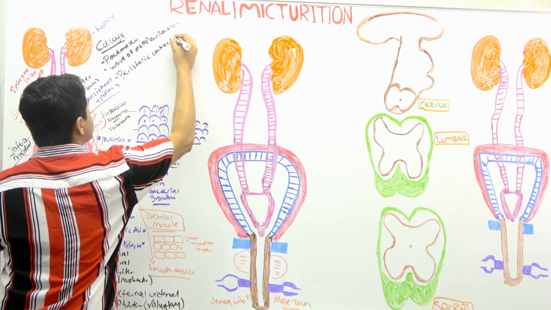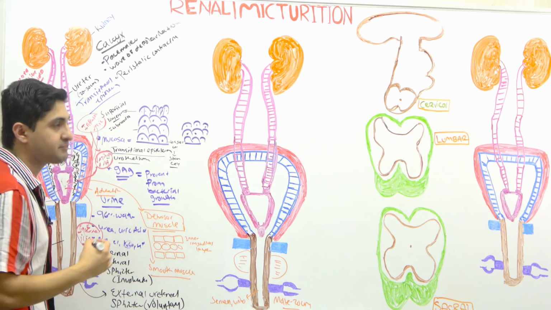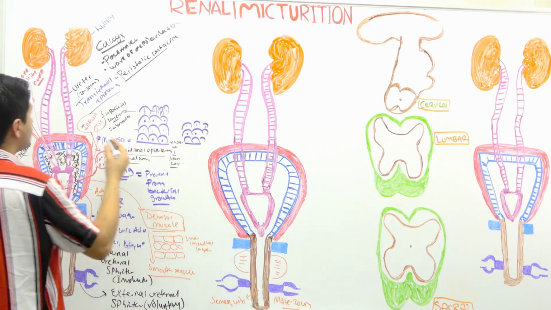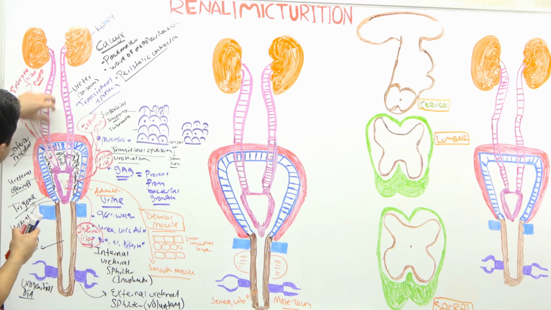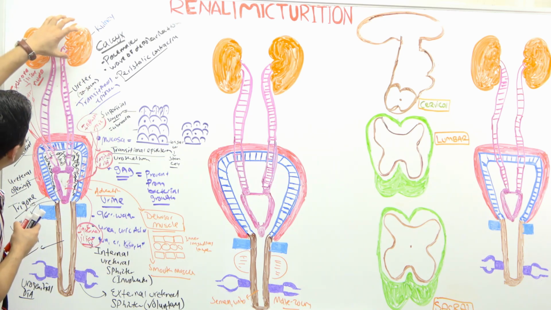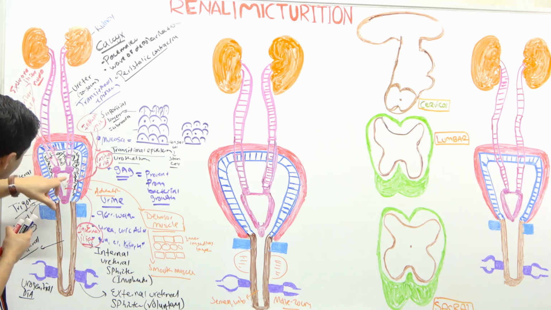So peristaltic contraction will take place, and this peristaltic contraction wave is going to propel urine through this ureter from this kidney to the bladder.